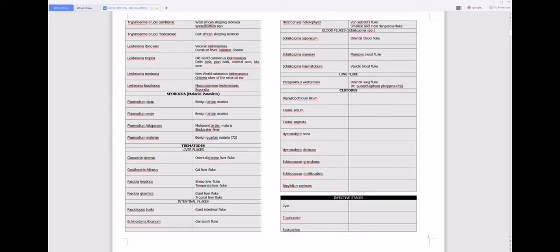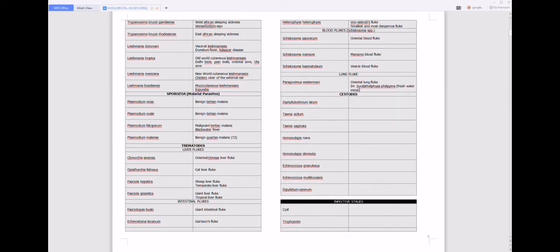It is a freshwater mountain crab. Very characteristic na freshwater mountain crab. Okay? So doon pala sa blood flukes, Schistosoma japonicum and mansoni, both of them can cause intestinal and liver problems, while Schistosoma haematobium can cause urinary tract problems. Okay?